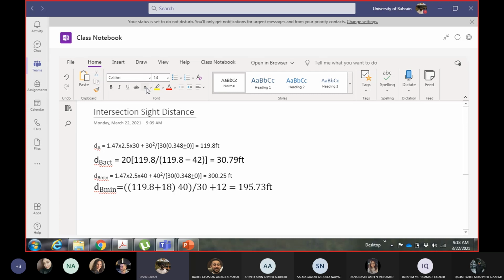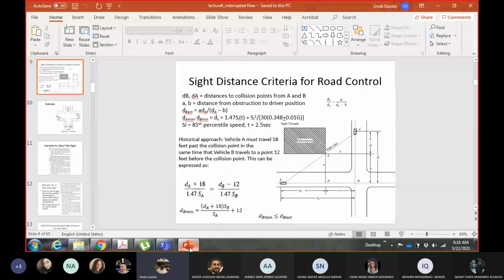So if your dB actual is less than the minimum required from these criteria, then you must consider putting a traffic control sign or traffic control device at that intersection, because the driver does not have enough sight distance to proceed based upon his judgment. Even if he's a very good, very skilled driver, the sight distance available is not enough for him to make any judgment. Okay, so in this case, you must go for a traffic control device at this intersection.